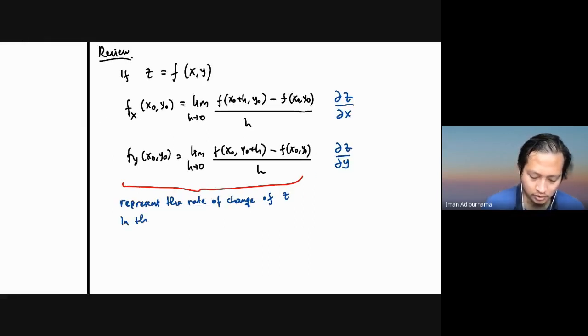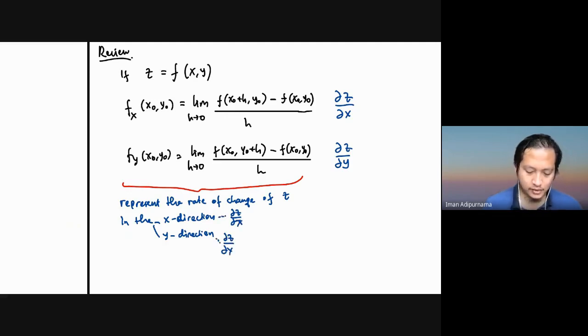In the x direction and y direction. This is for dou z dou x, and this is for dou z dou y. Okay, we have this in our first lecture in chapter 14.